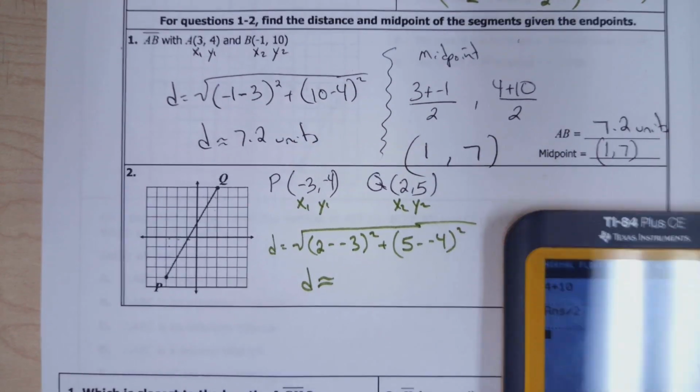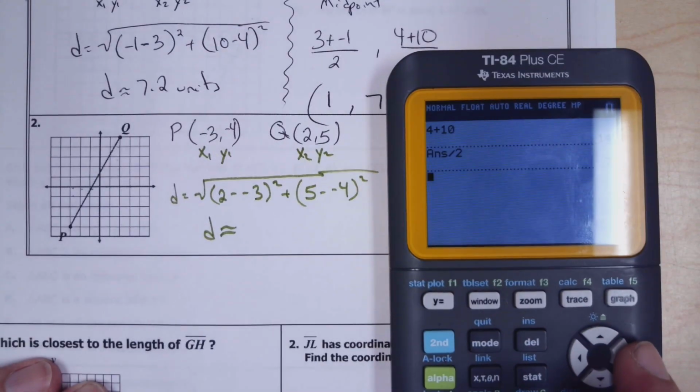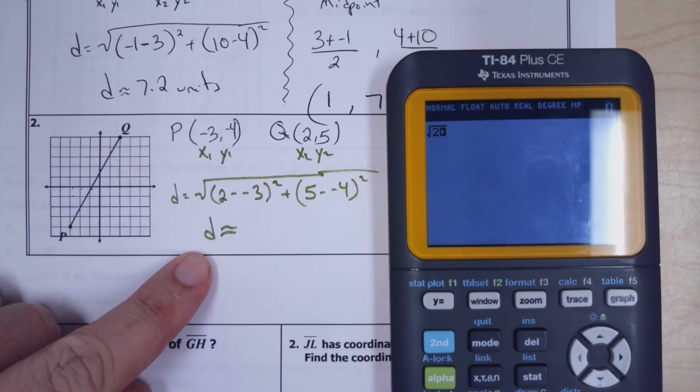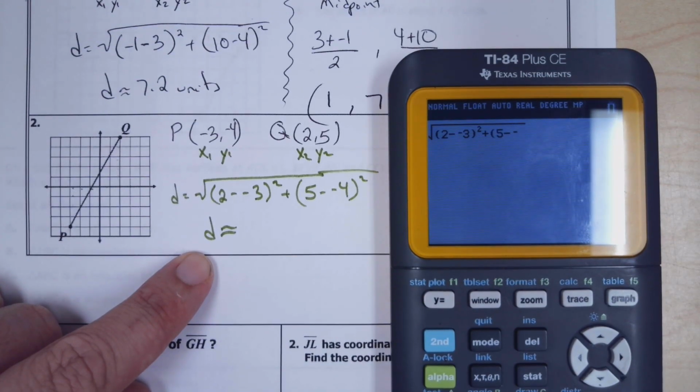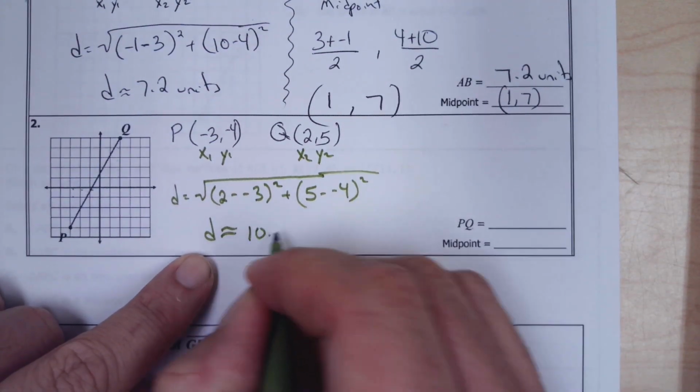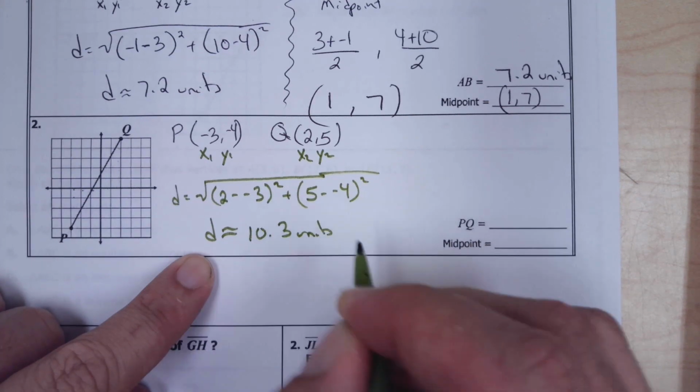Usually we have to round for these, so we'll type this in. So second square root, parentheses, 2 minus -3 squared plus 5 minus -4 squared. About 10.3 units.